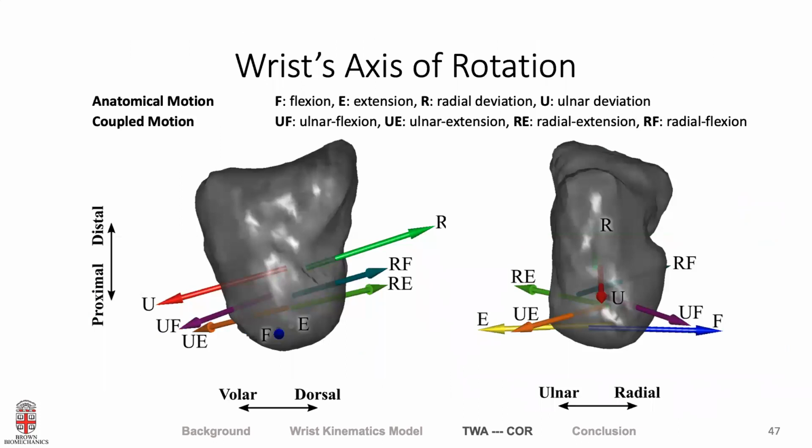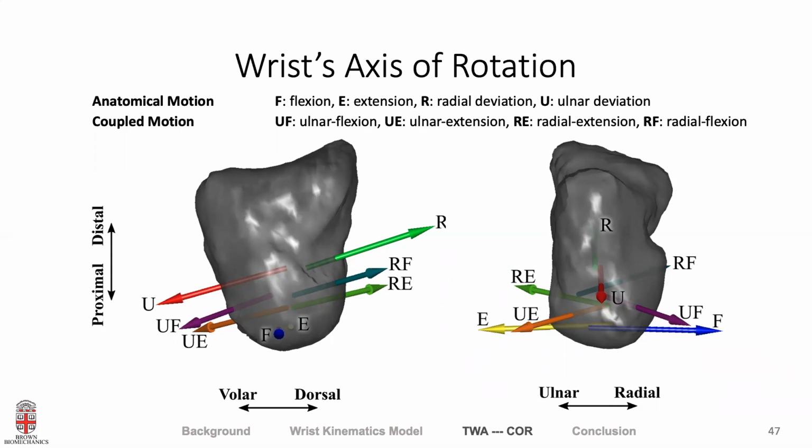Based on these mathematical models and averaging the elevation angles, I evaluated the overall pattern of screw axis orientation and location at 4 anatomical and 4 coupled wrist motions for a typical healthy wrist, in the radial view on the left panel and the volar view on the right panel.